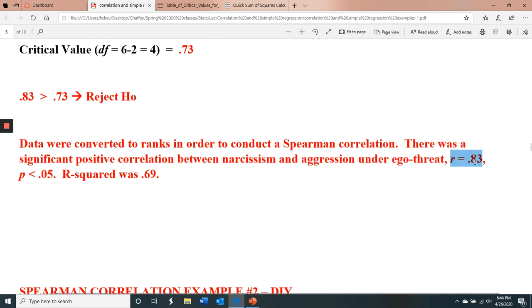R equals 0.83. That's what we calculated above. We rejected the H0, so P is less than 0.05. 0.83 times 0.83 was 0.69. What does that mean? That means 69% of the variance in aggression under ego threat was directly linked to one's level of narcissism.